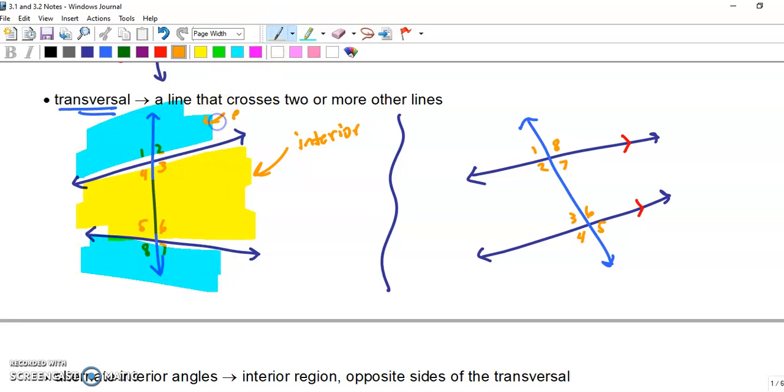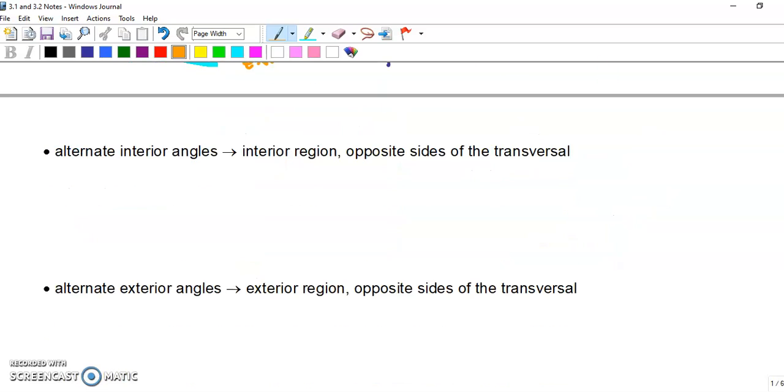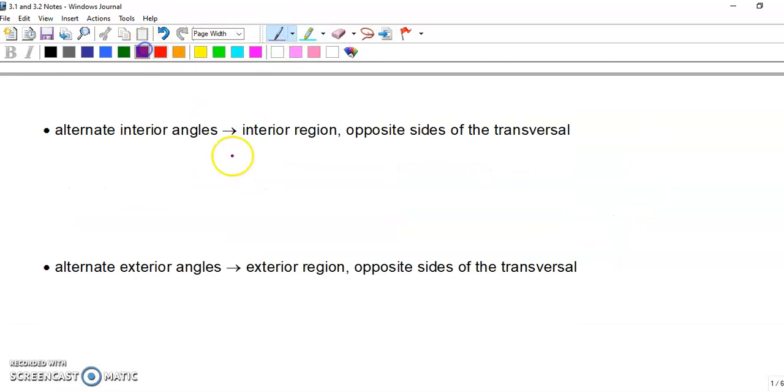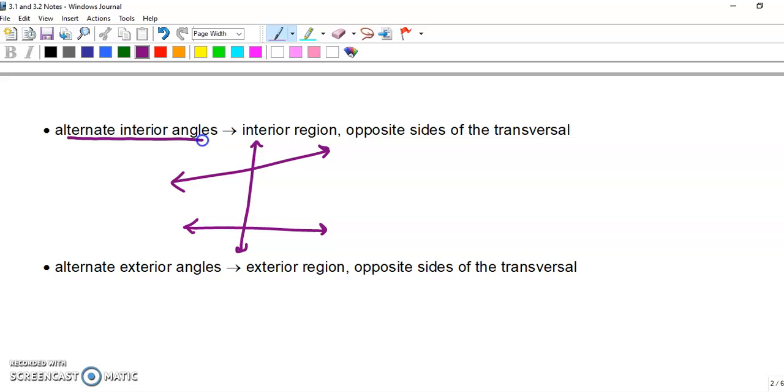Okay, when you hear the word alternate, so if we have this situation, we've got two lines crossed by a transversal. Okay, we have pairs of angles that would be alternate interior angles. So interior restricts it to these four. Okay. Alternate means opposite sides of the transversal.